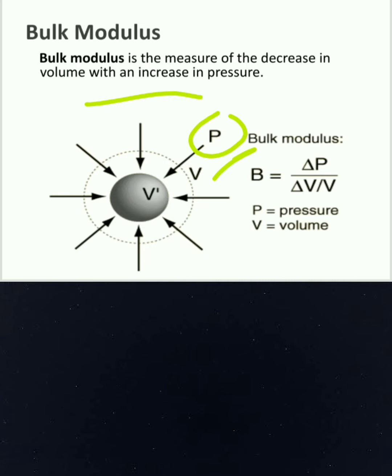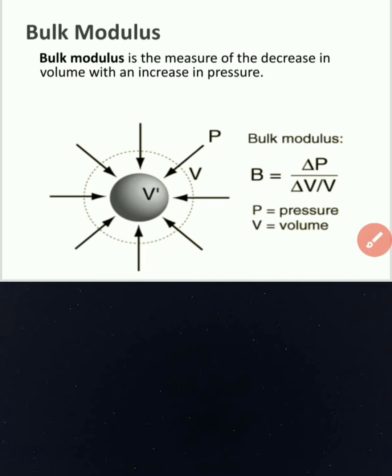After applying pressure P, the volume of the water droplet becomes V dash from V. So we observe that the volume of the droplet is reduced. Therefore, bulk modulus will be delta P upon volumetric strain, where volumetric strain is delta V upon V, that is, change in volume upon actual volume.